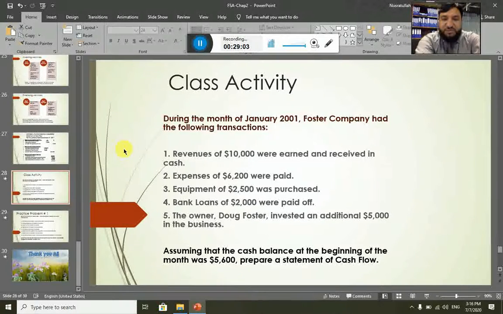Equipment was purchased for 2,500. Bank loans were paid off for 2,000. The owner, Mr. Foster, has invested 5,000, and the opening balance is 5,600. So that's all. Now let's prepare a cash flow statement.